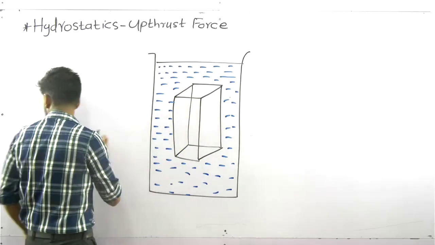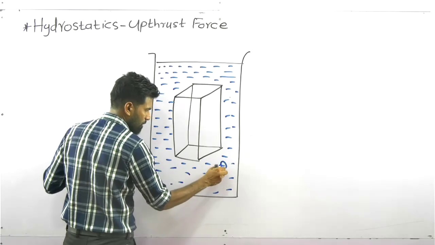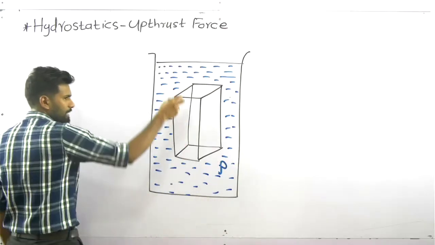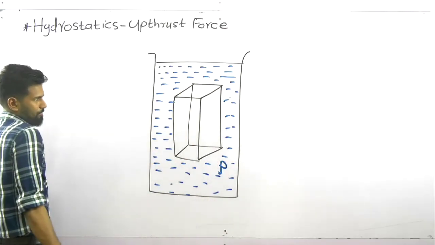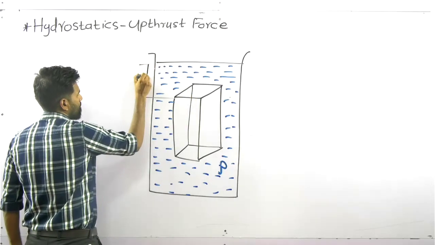Inside the liquid container, the liquid has a density rho. Inside this liquid, there's an object placed. This is a height h1.